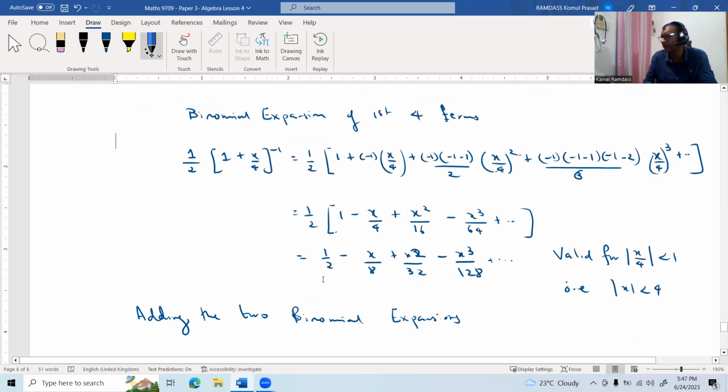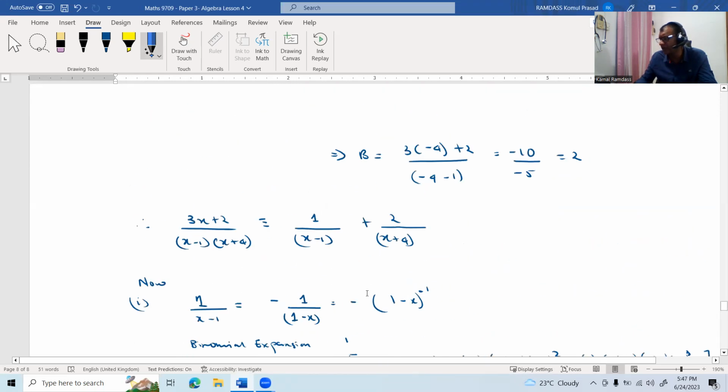Et moi gagne half multiplied by (1 minus x over 4 plus x squared over 16 minus x cubed over 64), mon gain half minus x over 8 plus x squared over 32 minus x cubed over 128, valide for modulus de x over 4 less than 1 or modulus de x less than 4.